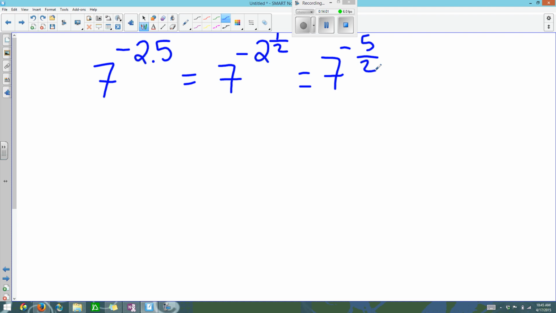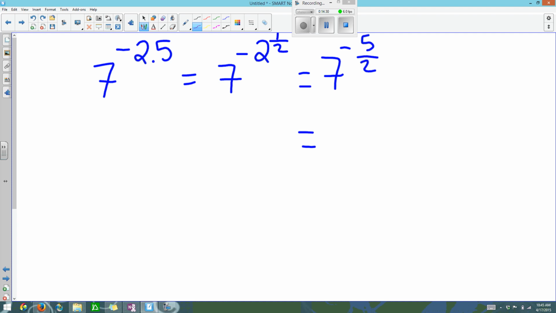Okay. All right. Now, since my denominator is 2, before we do that, what rule does it state when we're dealing with negative exponents? There's a rule. I have to flip it in a sense.